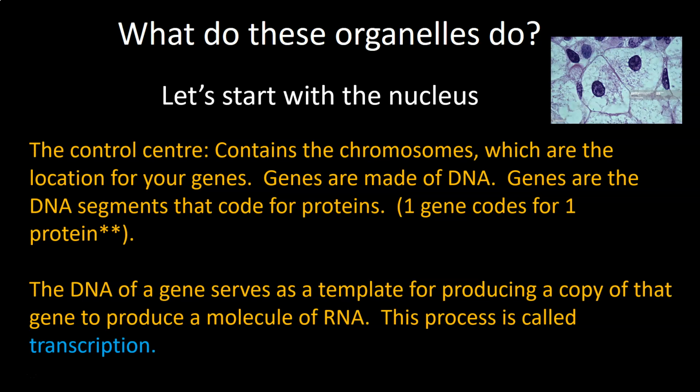Remember, the nucleus is the control center. In order for the cell to control proteins, proteins have to be produced and then they have to be removed. Proteins do have a finite lifetime.